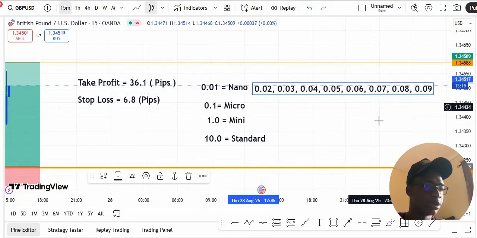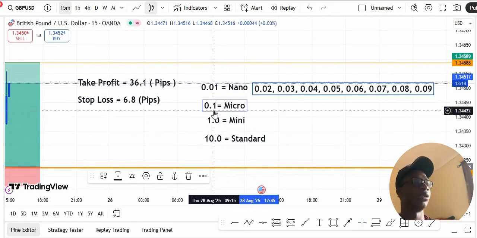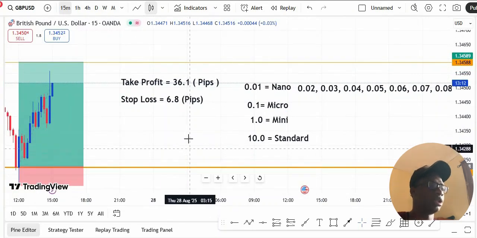Instead of saying 0.10, we just make it 0.1. Do you guys understand?